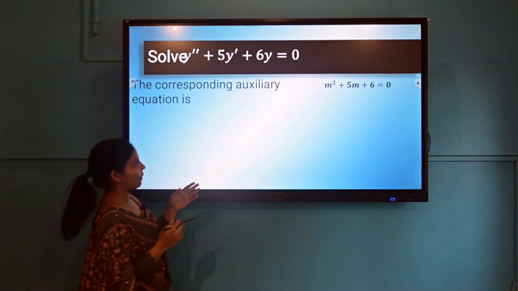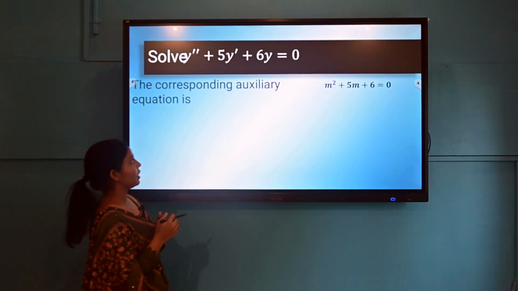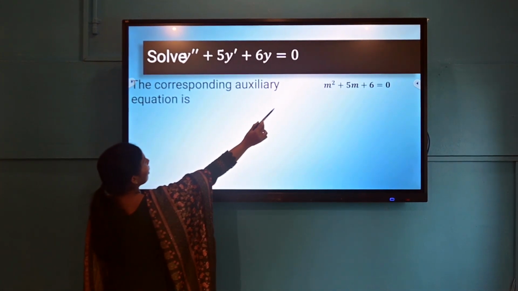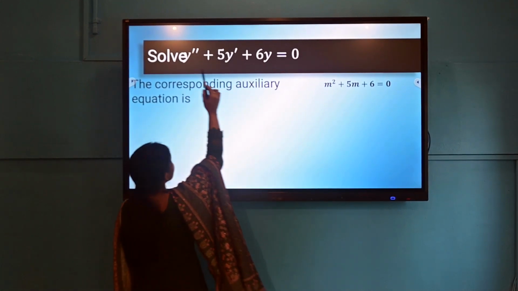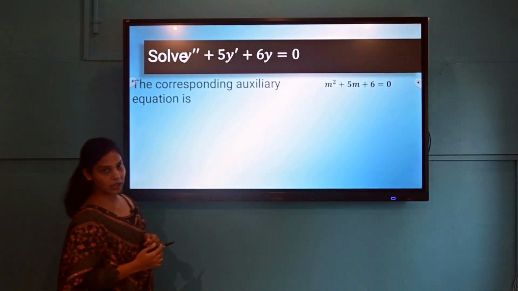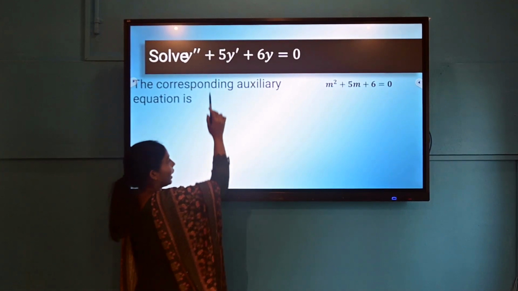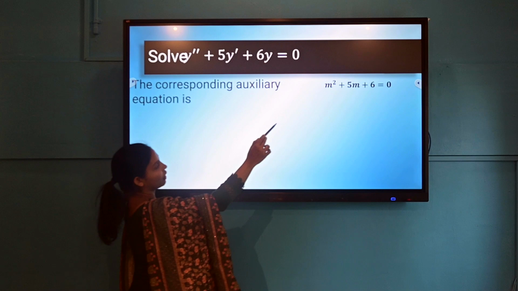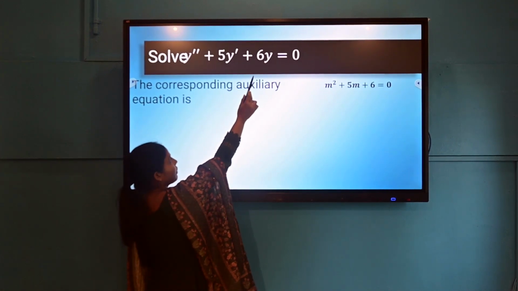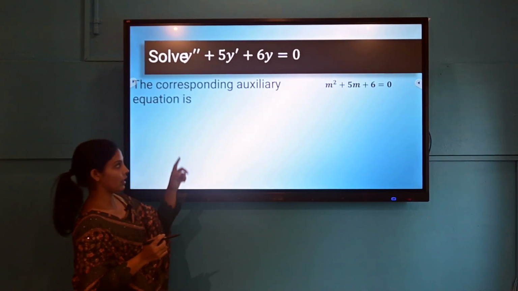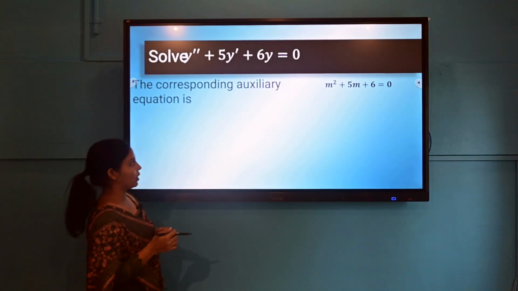The coefficient of m square is 1, since here the coefficient of y double dash is 1. The coefficient of m is 5 because the coefficient of y dash is 5, and the constant is 6 since the coefficient of y is 6.